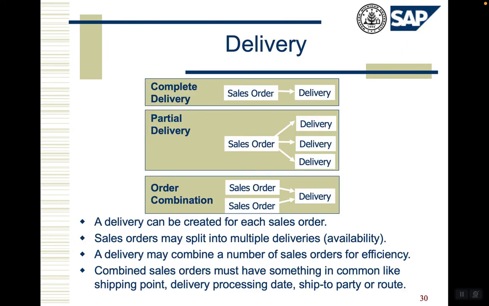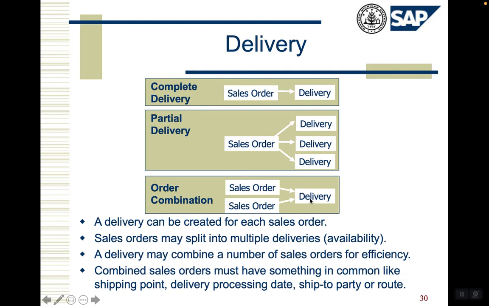A little bit about deliveries. The simplest form of a delivery is we have a sales order and we create a delivery. However, one sales order can break into multiple deliveries. Or we can have multiple sales orders put on one delivery.